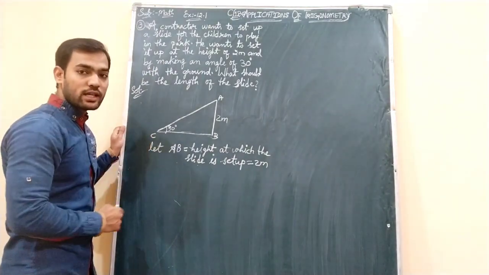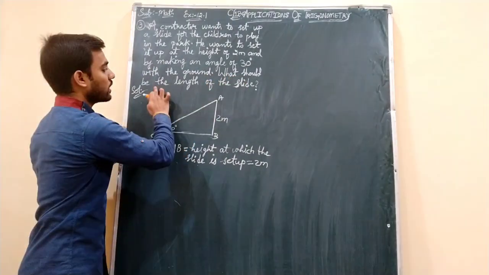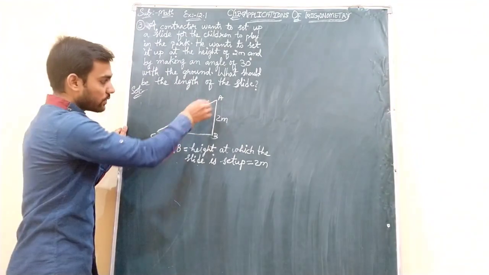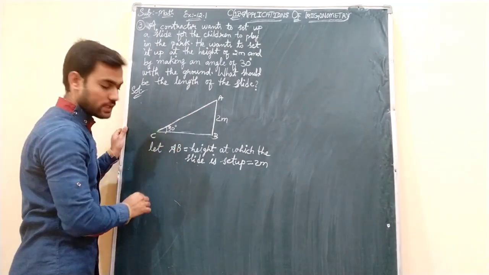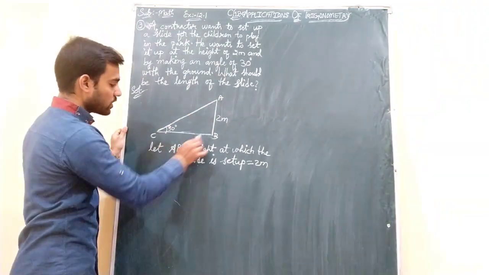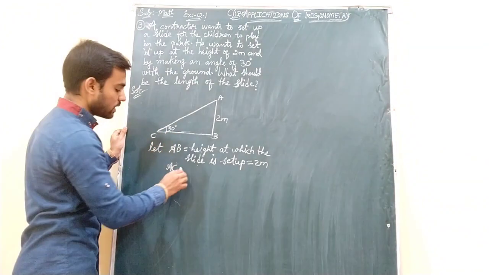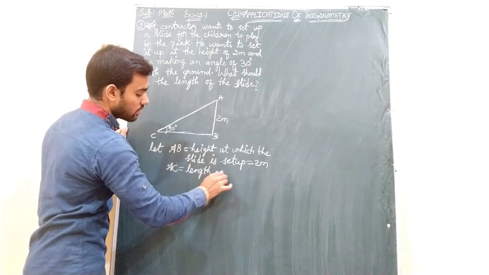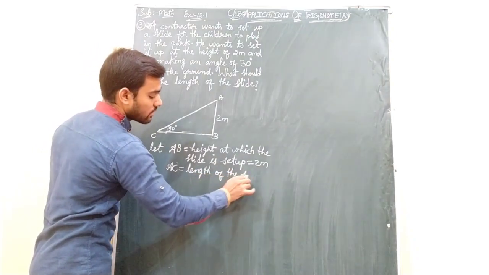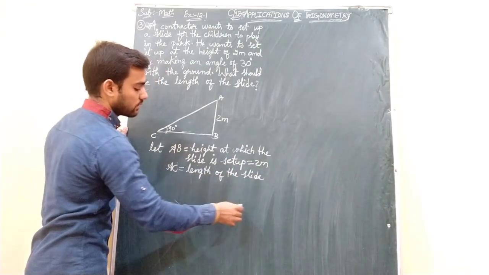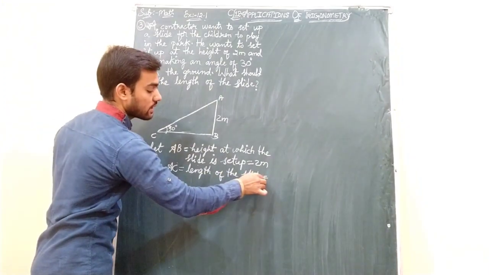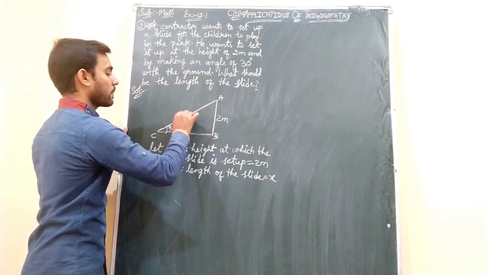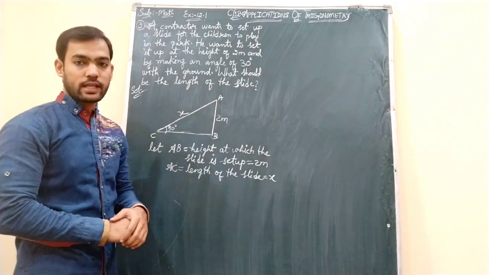Now here what is the length of the slide, because he asked to find out what should be the length of the slide. So here AC is the length of the slide, so that we will consider, because BC we don't require. Okay, AC is length of the slide, that we need to find out. We will take it as X. Okay, length of the slide we will take as X.